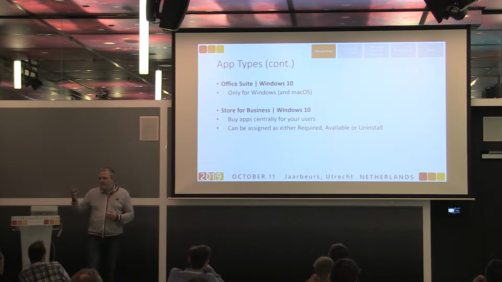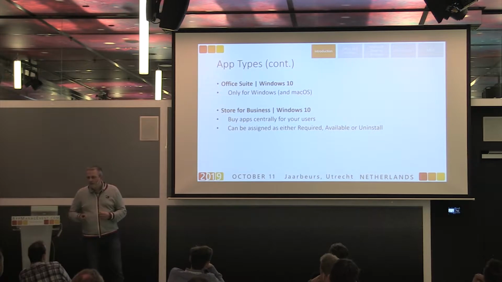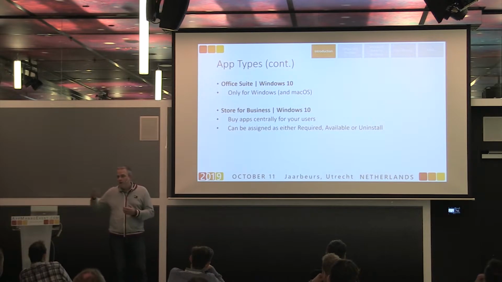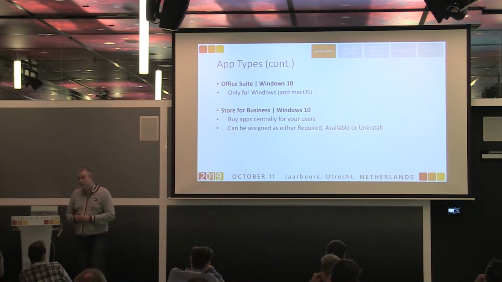So I found some kind of app, but if you want to deploy that to your users, you don't want your users to pay for it themselves and expense it via the expense sheet. That's too much administration. So the Store for Business allows you to buy 10 or 100 licenses of the app and deploy it through Intune or SCCM.